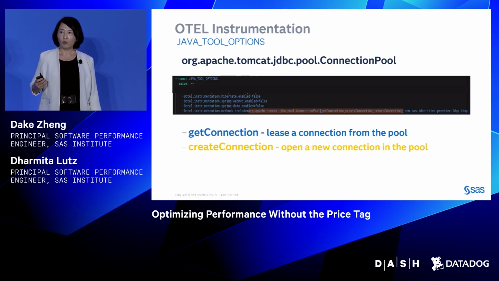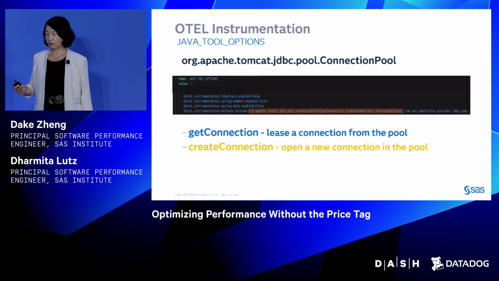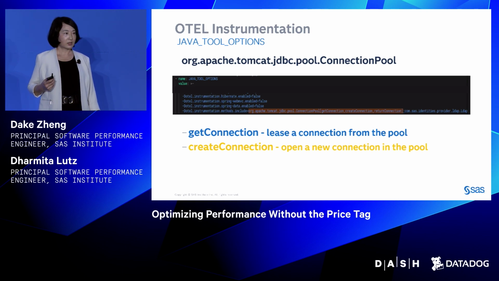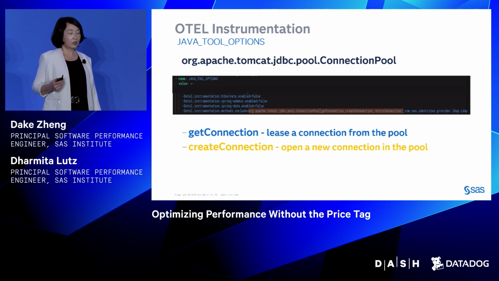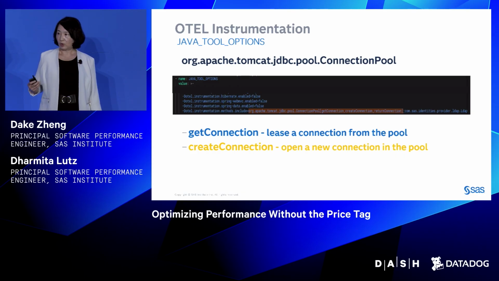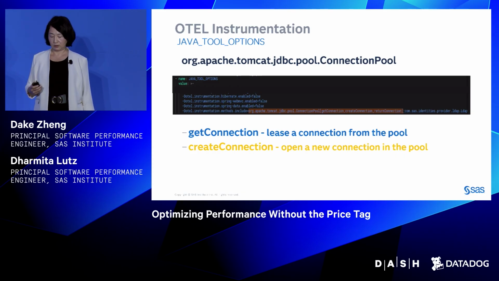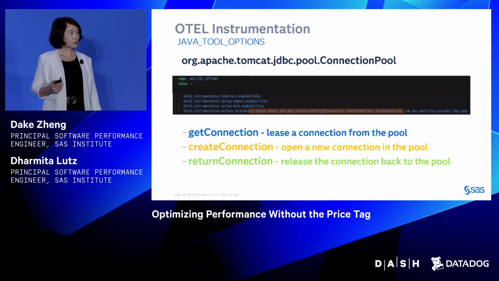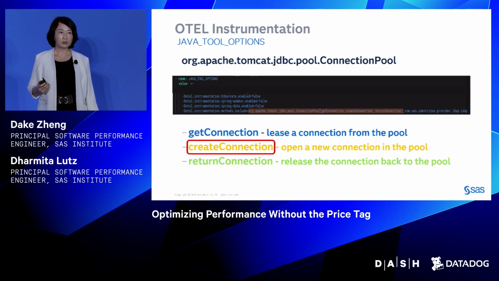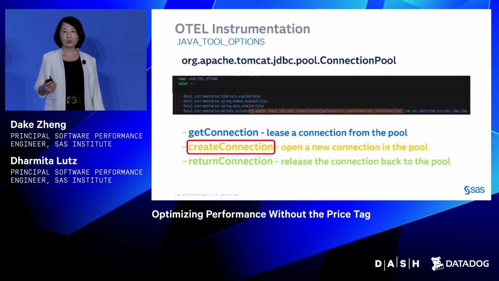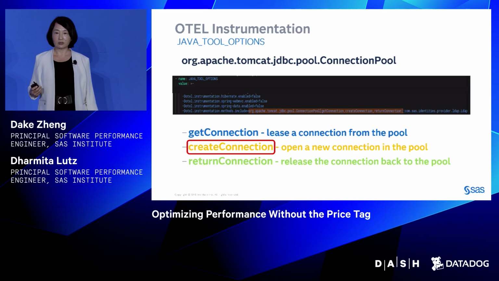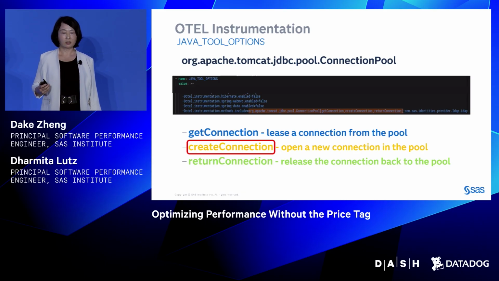When there's no idle connections available, and the max active limit has not been reached, create connection is invoked to open a new connection. Once the request is complete, return connection releases the connection back to the pool. Among these three calls, create connection is the most resource-intensive operation, usually taking the longest.